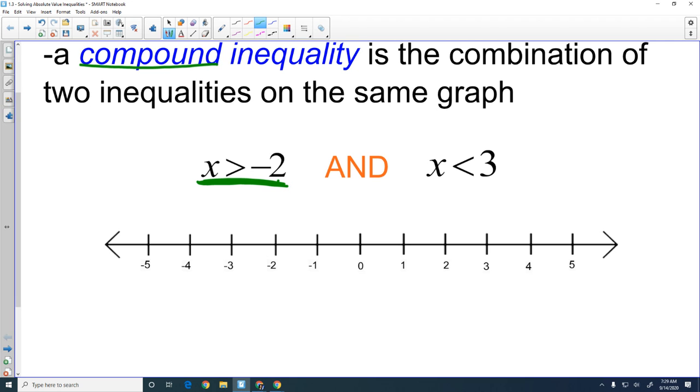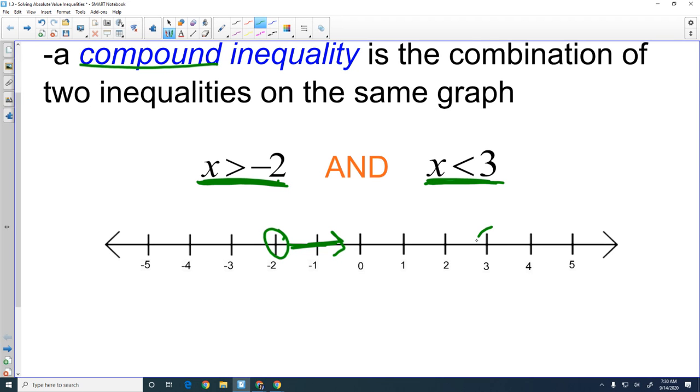So that -2 is like my starting point. So I'm going to circle that number and say, all right, x has to be greater than -2. So where are the numbers bigger than -2? Well, they would be to the right. So I'd just draw an arrow going to the right. But that's not the only condition, because I also need to show you all the values that are less than 3, because that's this inequality on the right.